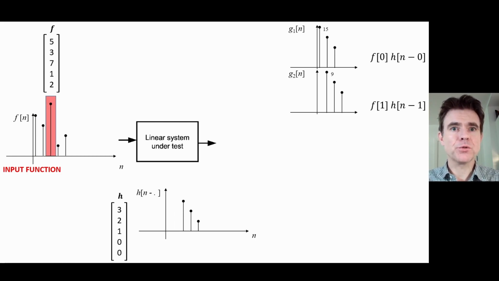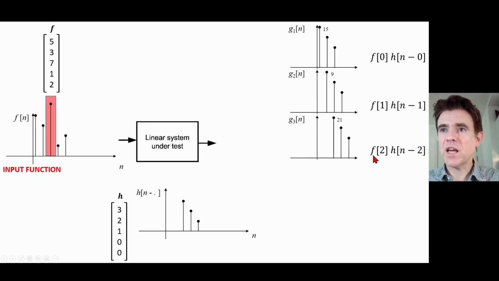Right, next impulse. Okay, so that's a value of 7. So we get 7 times the impulse response function, but now again shifted to the location of that impulse. We've got n equals 0, n equals 1, n equals 2. Okay, so we've got the value of the input function f evaluated at n equals 2. That's the scale factor for the response function h of n shifted to the location of that impulse.